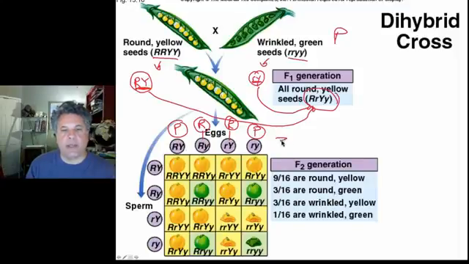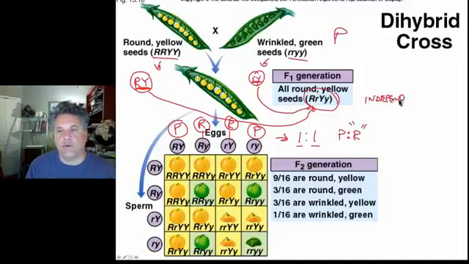And here we could basically say we have a 1:1 ratio of parental arrangements of alleles to recombinant arrangements of alleles. And I'm going to put recombinant in quotes because when we talk about linked genes, we'll talk about recombinants in a more specific fashion. So I'm putting recombinants here in quotations. And you'll notice that we have a 50% recombination frequency when we're talking about independent assortment.